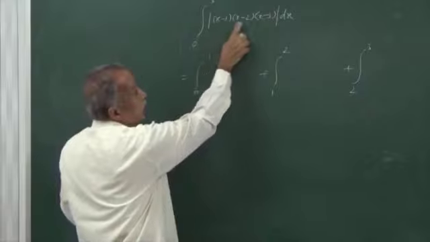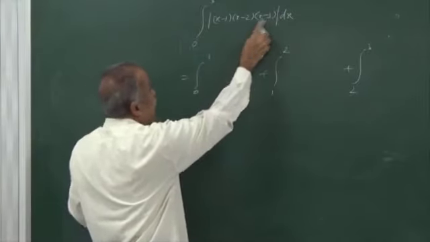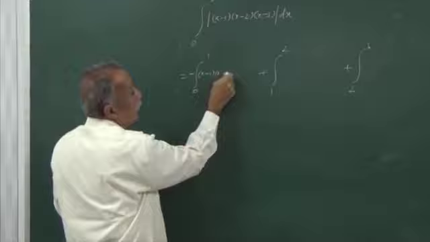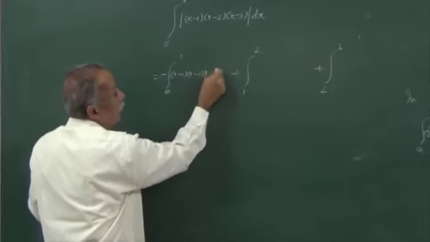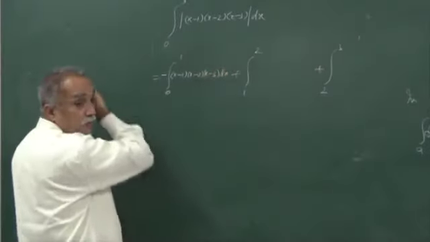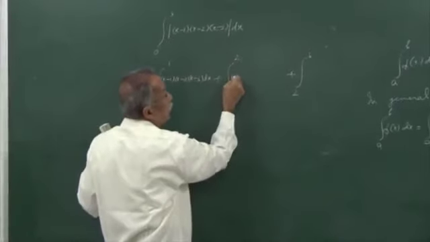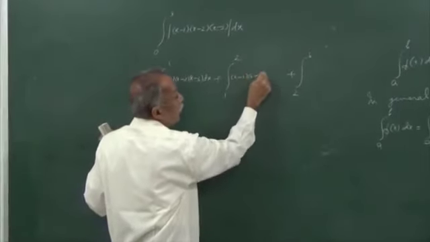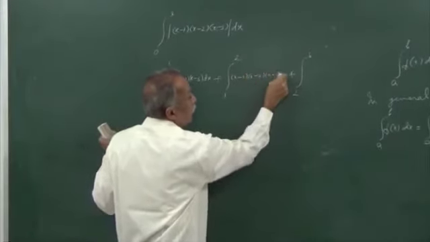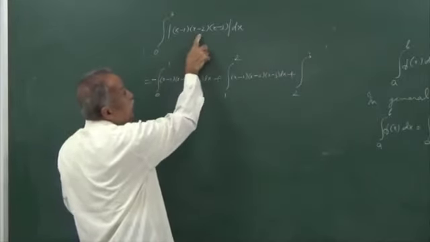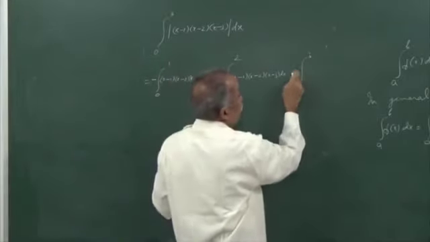X minus 1 negative, x minus 2 negative, x minus 3 negative. X minus 1 positive, negative, negative. X minus 1 positive, x minus 2 positive, x minus 3 negative.